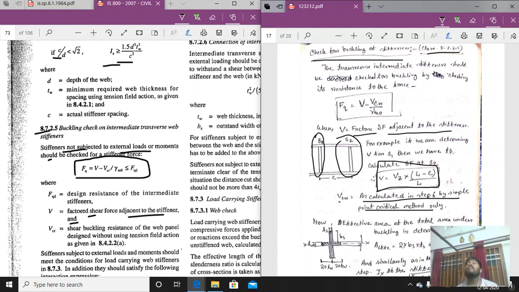What is V_z? V_z is the actual shear force applied. L is the total length of the member, and c is the spacing of the two stiffeners. From there, the value of V is determined. Now that value we have determined, this is the value F_q to which the intermediate transverse stiffener will be subjected, so that value has to be checked.